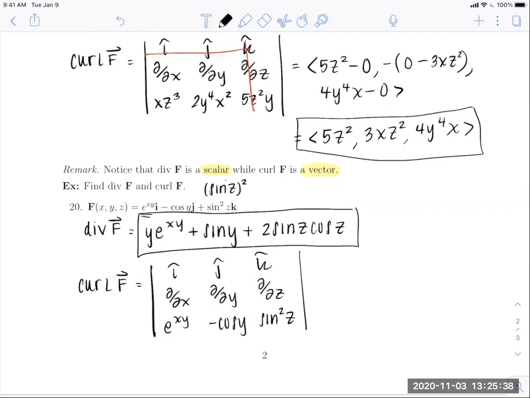And let's compute what this curl is going to be. So going through again, I'm going to strike through the i hat row and column. And you'll notice that the first diagonal is 0 because there are no y terms in sine squared z. And the second term is also 0 because I don't have any z's in negative cosine y. So that results in 0 for our first component.